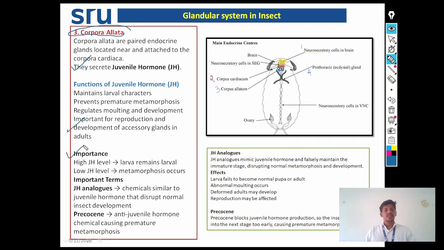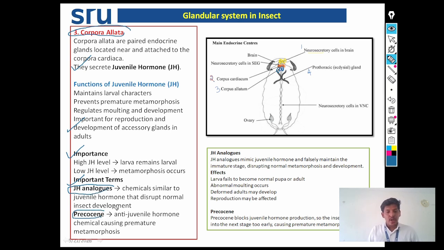See the importance. Higher the juvenile hormone level, larvae remain in larval stage. Lower the juvenile hormone level, metamorphosis will occur in larvae. See here, very important terms related to juvenile hormone, that is juvenile hormone analog and precocenes.